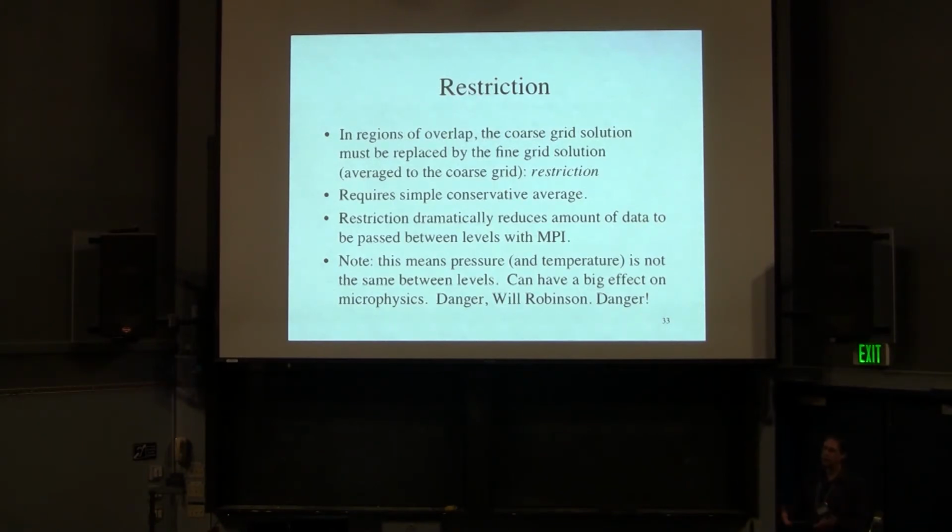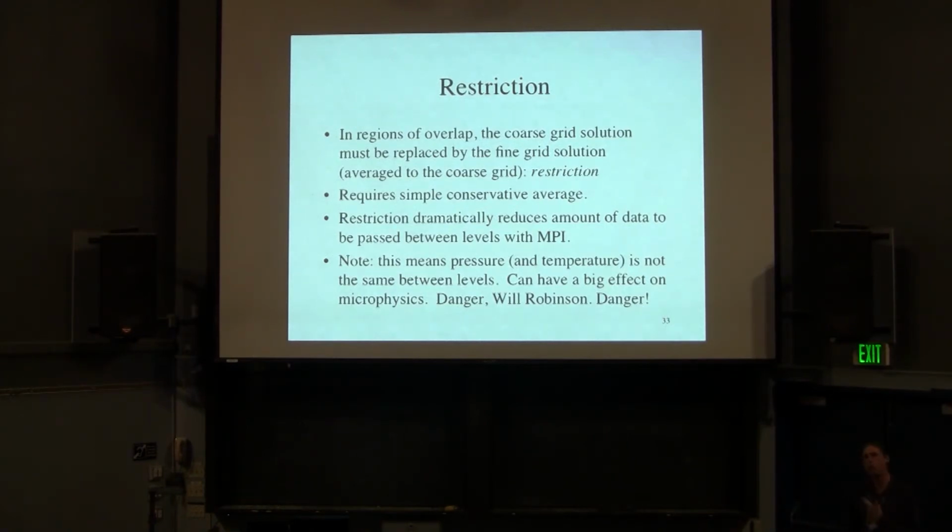But the total energy is the sum of kinetic energy plus internal energy. And since the velocity will be different on the coarse mesh than the fine mesh, usually smaller because I can't resolve small-scale features, so the velocity is getting washed out, that extra energy associated with the kinetic energy on the fine mesh will go into extra internal energy on the coarse mesh. So the coarse mesh is going to have a different pressure and a different temperature than the fine mesh.